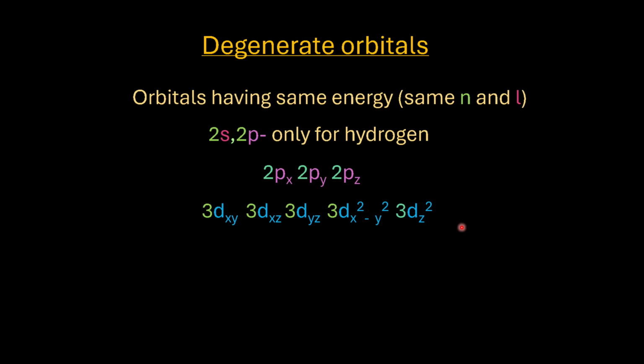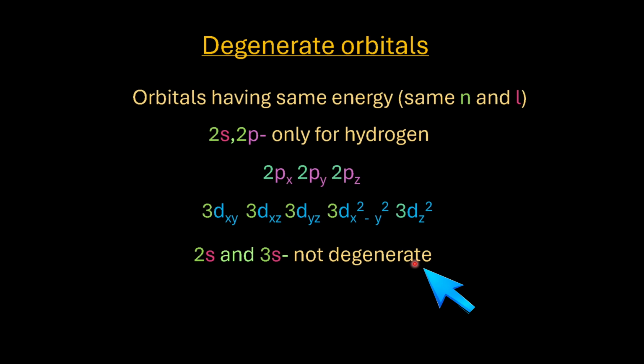These are degenerate. But if you take 2s and 3s, they have the same l value, but the n value is different. 2s belongs to the second energy level and 3s belongs to the third energy level. They are not degenerate. So these are the degenerate orbitals, orbitals having the same energy.